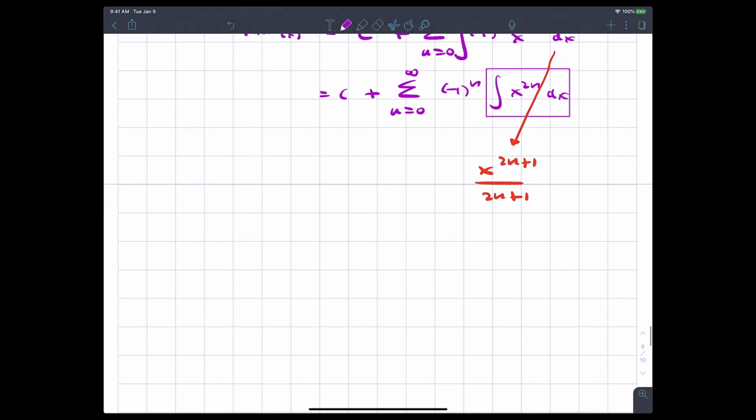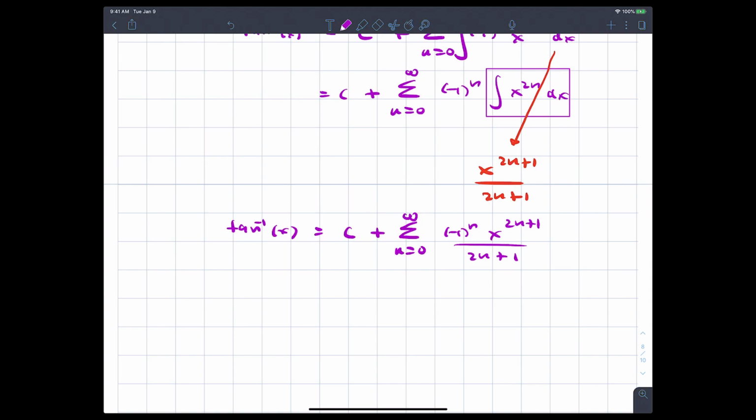And you get c plus the summation, n is 0 to infinity, negative 1 to the n, x to the 2n plus 1 over 2n plus 1. And you can say, here is my power series expansion for the inverse tangent.